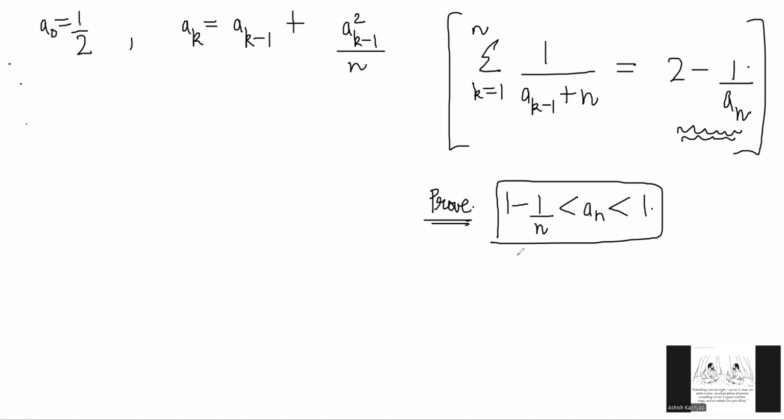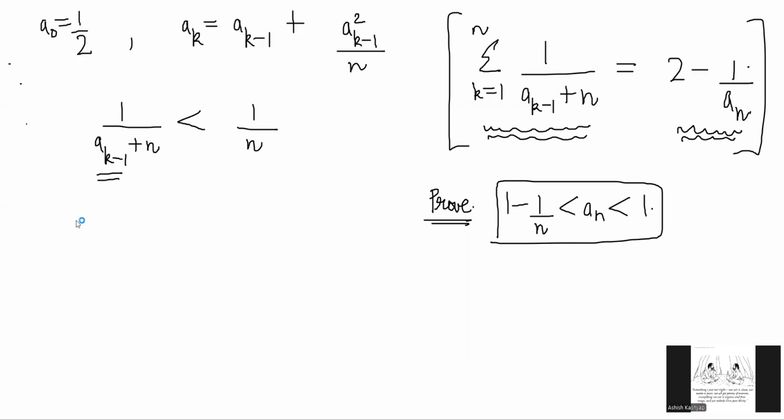Any progress, guys? Okay. So the left-hand side here, you can always say that each term 1 by ak minus 1 plus n is clearly less than 1 by n, right? That should be clear because ak minus 1 is positive.